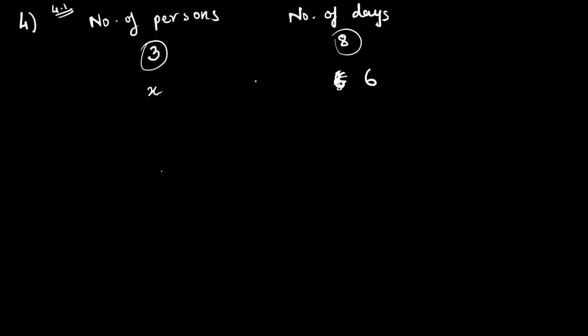Okay, so we just had to change that. So here I can see that if I increase the number of people, then the number of days will decrease. Correct, no? अगर मुझे कम दिन में खत्म करना है, मुझे और लोगों का जरूरत है.